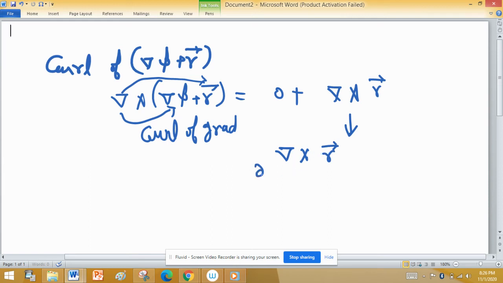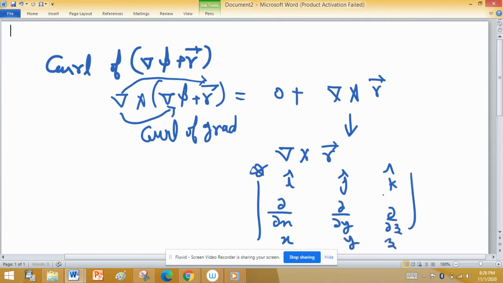So this is i hat, j hat, k hat. I'm using matrix notation: del upon del x, del upon del y, del upon del z, and the constituents of R are x, y, z. Now this is equal to 0.